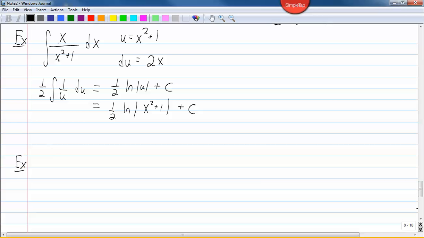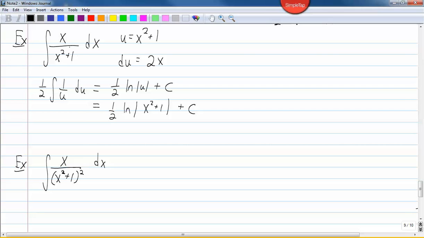Now, look at this integral. That's the one we just did that we figured out as a natural log integral. And look at the one that I'm about to write up here. And what is the difference? The difference is, on this one, my denominator is being squared.